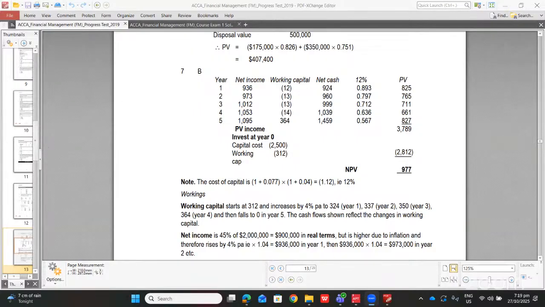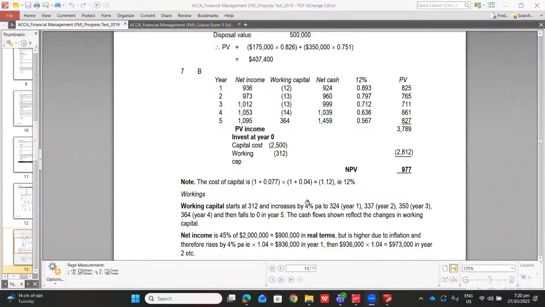One year from now, it will be affected by inflation, so it will increase by 4%. So the 300,000 increased by 4% would give you 312,000. And this is why we have to have those numbers right. So it would be 312,000. And then of course, you keep increasing it by 4% per annum.